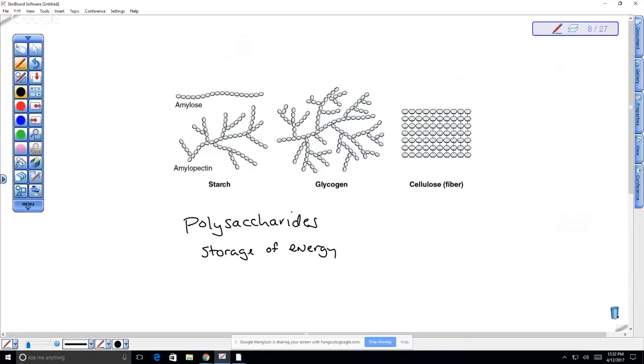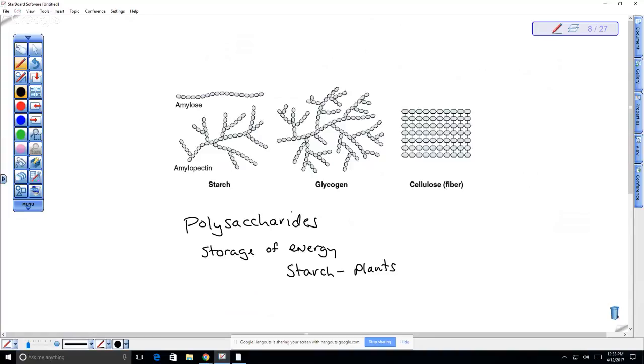So starch, for example, is the way that plants store energy. So if you think about potatoes, potatoes are the roots. The plant dies during the winter, the potatoes, if they don't freeze, can overwinter, and then they can sprout from the energy. Sometimes potatoes sprout in your cupboard or on your refrigerator, right? They're trying to grow and reproduce.